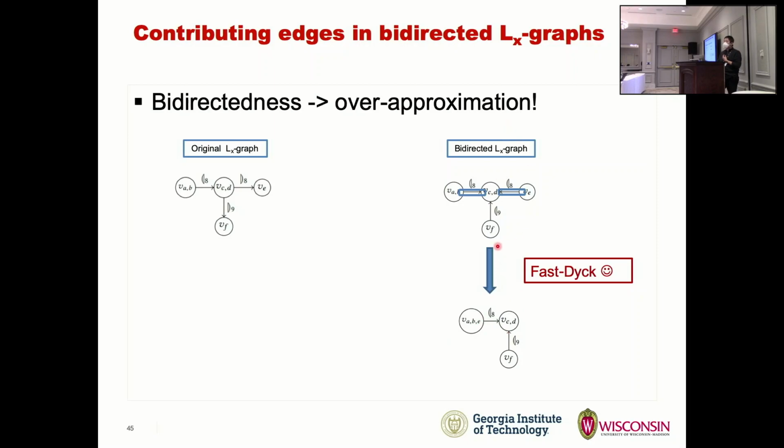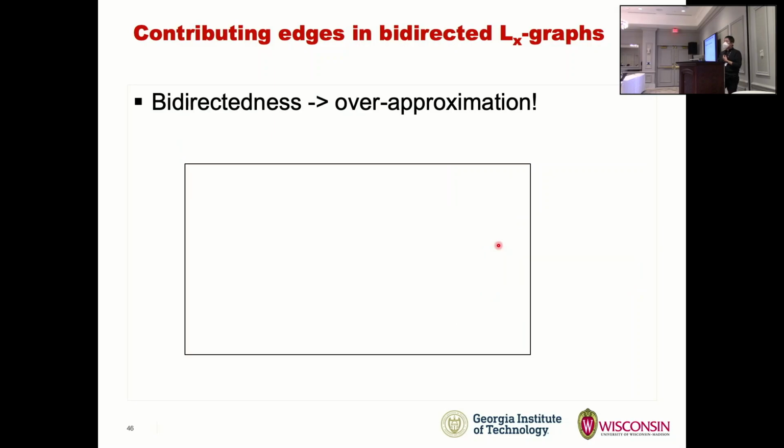Okay, before we show an end-to-end process, I'd like to invite you to take a look at this over-approximation perspective. In the graph simplification problem, essentially what we want to compute, in the LX graph, is a set of Dyck contributing edges, right? Because if we know the Dyck contributing edges, we definitely know the non-Dyck contributing edges.